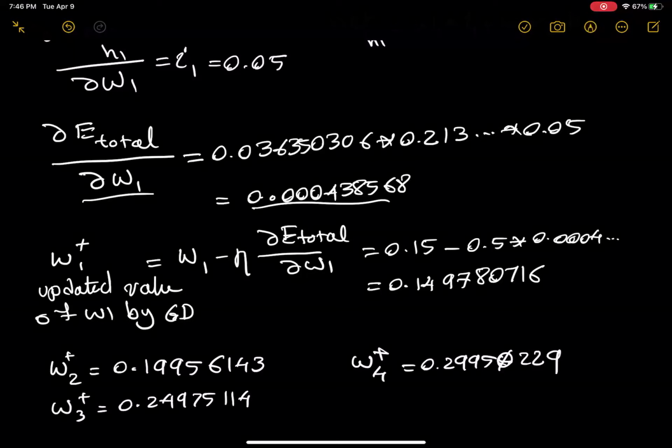So all these pluses that I calculated here, here, here, and here, and also for W5, 6, 7, 8, are the updated ones. Okay. Make sense? This is the ultimate neural network.